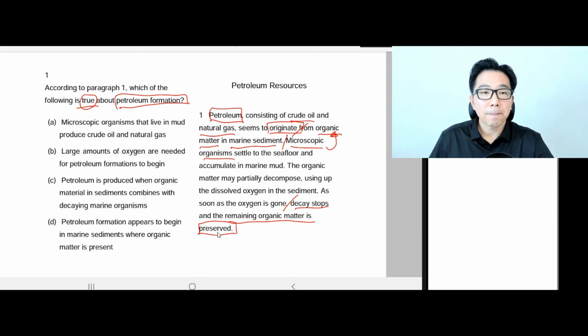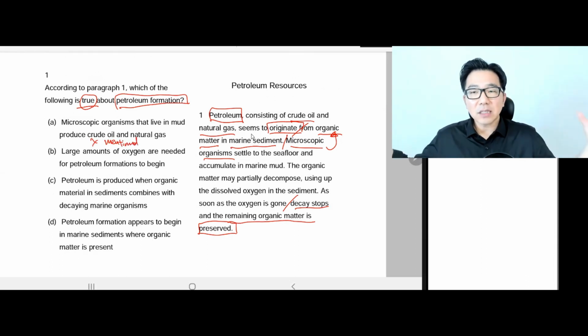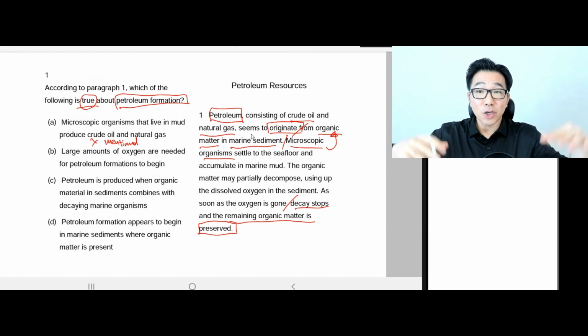Okay, yeah. All right, so question 1A, microscopic organism that live in mud produce crude oil and natural gas. It's gone too far, right? This is not mentioned. I mean, all the information we have is only, it all starts from the sediment, and it gets accumulated.